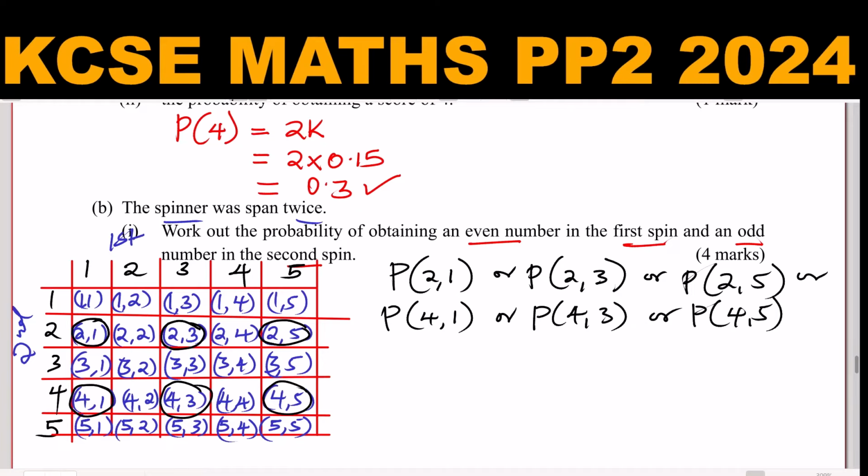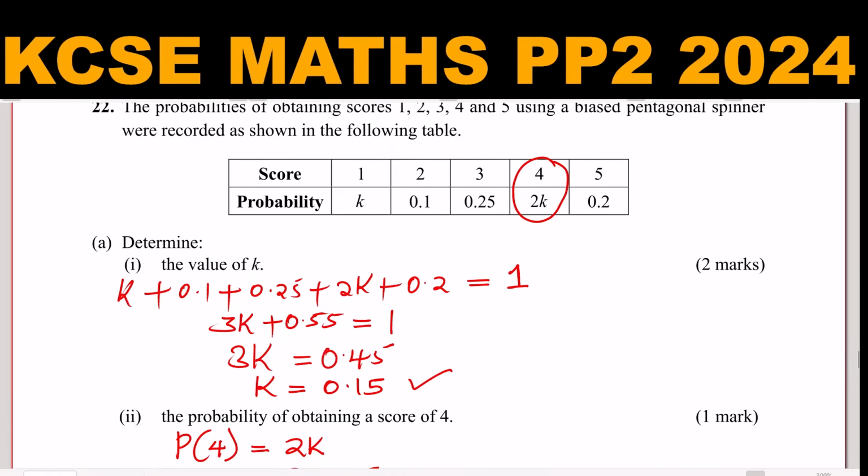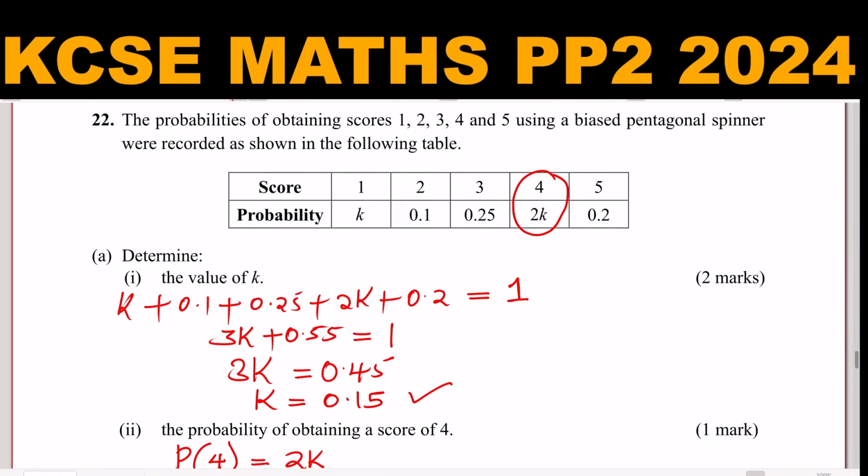These are the probabilities of getting an even number in the first spin and an odd number in the second spin. Now we need to get the probability of getting a 2 and a 1. We go to the table. The probability of obtaining a 2 is 0.1, and 1 is 0.15.